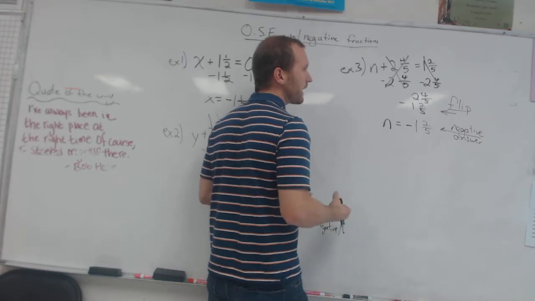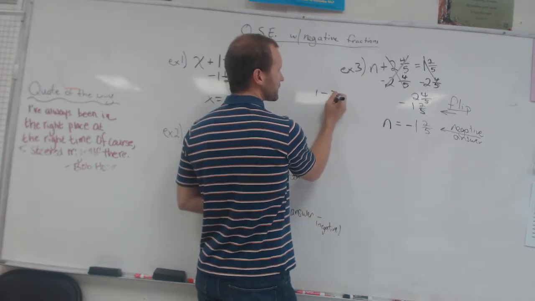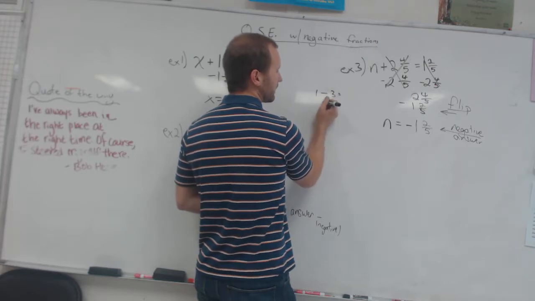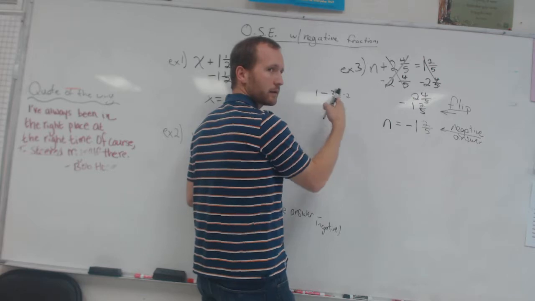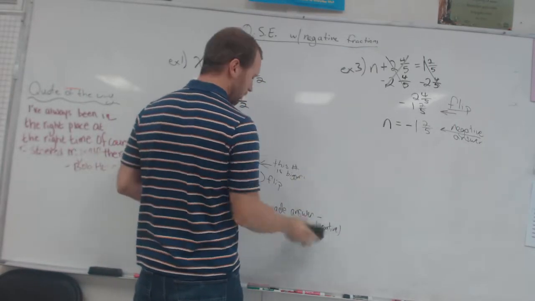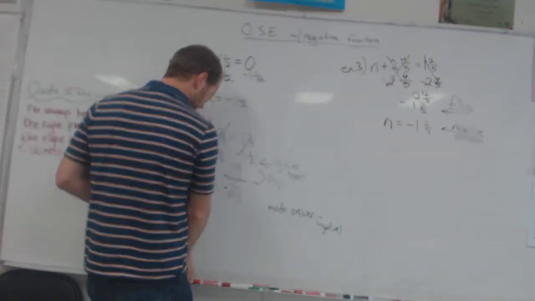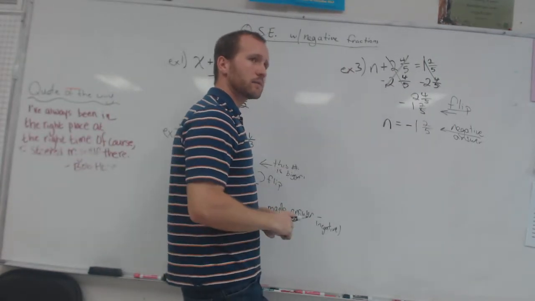And the reason we do that is because of this whole rule about 1 minus 3, right? That's negative 2. 3 minus 1, negative. So it's that same rule that we're using. It's kind of how we do negative numbers when we're adding and subtracting.